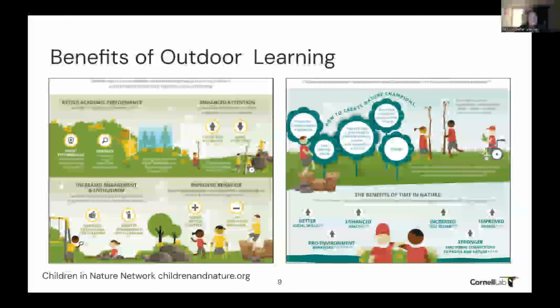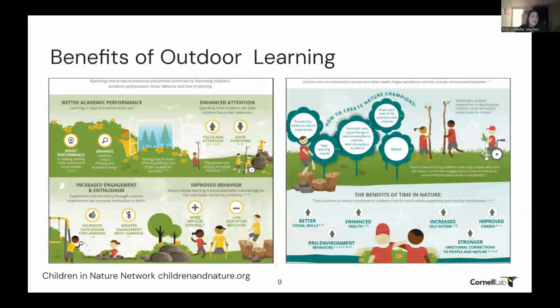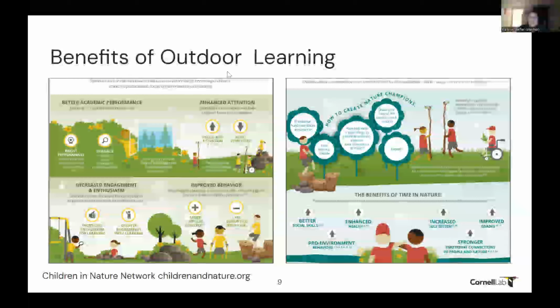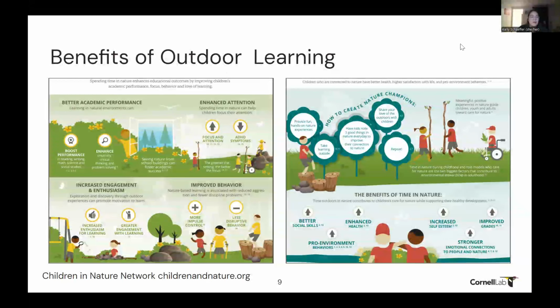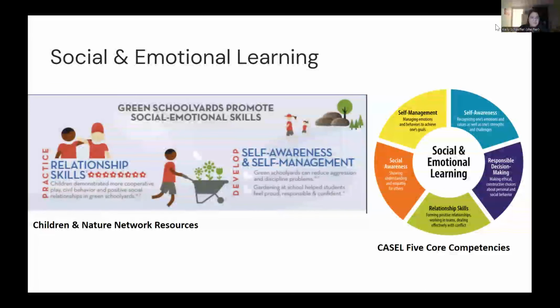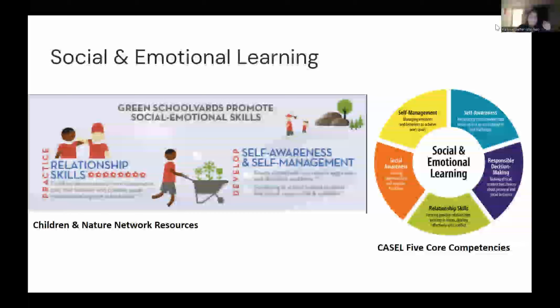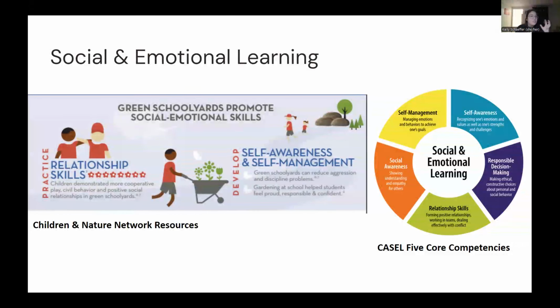And there's all sorts of great social emotional things that are happening if you get to spend time outdoors as well. Lots of great social skills that are getting developed. So not just academic, but whole child things are happening when you get to spend time learning outdoors. Yeah, so we also see these relationship skills.